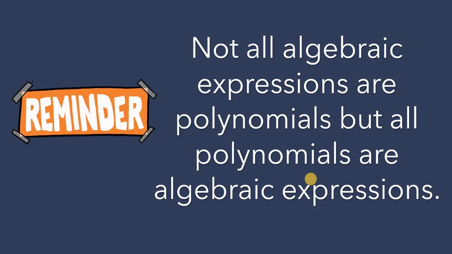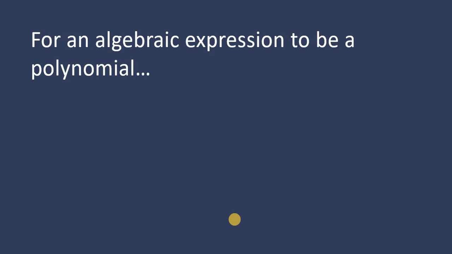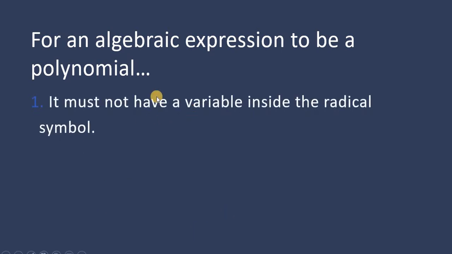Okay. So, meron tayong conditions for us to say that a given expression is a polynomial. So, ano ba yung mga conditions for us to say that an algebraic expression is a polynomial? The first one, it must not have a variable inside the radical symbol. For example, square root of x.